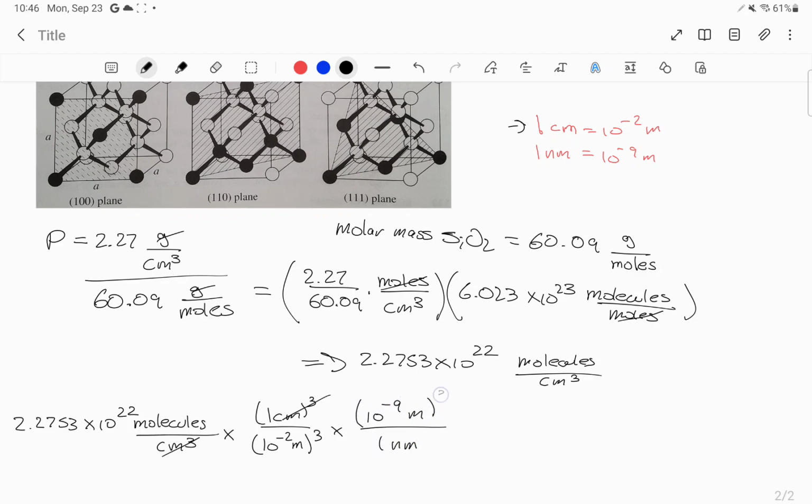And again, we're going to have to raise this to the third power so that the unit of our cubic meters cancels out. After putting this into your calculator, you should be left with 22.753 molecules per cubic nanometer.